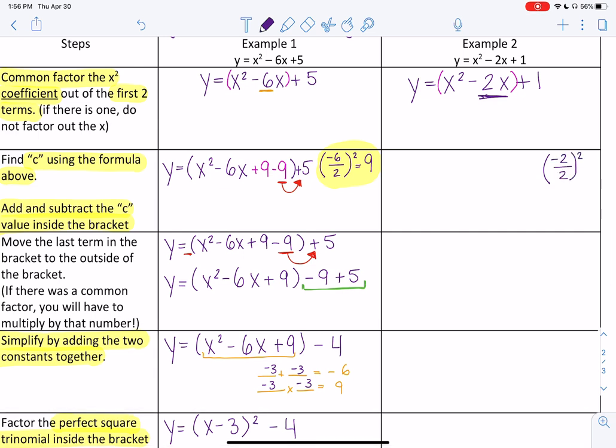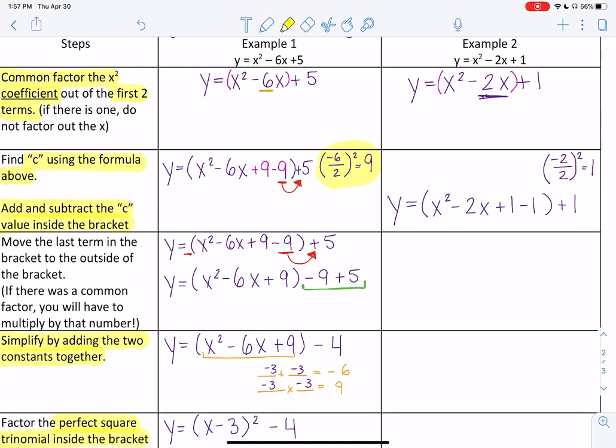-2 divided by 2 is -1, squared is just 1. And now we add and subtract that number inside these brackets. So I keep x squared minus 2x the same. I add my magic number, I subtract my magic number, and that 1 at the end just hangs out.